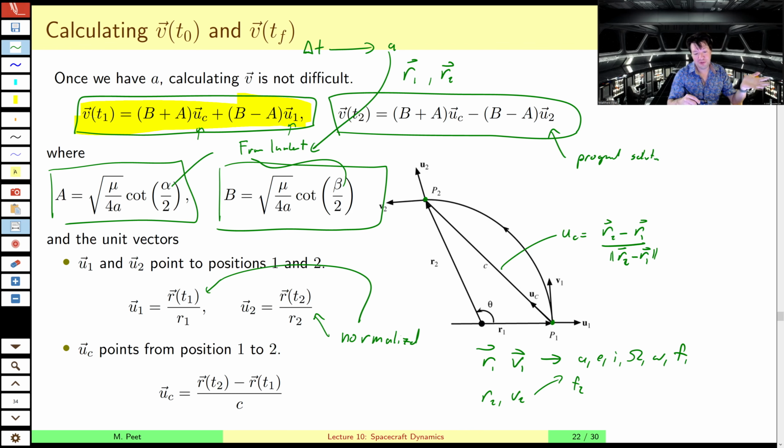And of course, if you want the retrograde solutions, just negative v, right? If you're going in this direction of the orbit, v, and you want to go the other direction, you just take negative v. That's all there is to it.